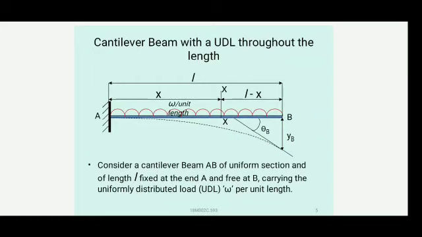Consider a cantilever beam AB of uniform section and of length L, fixed at the end A and free at B, carrying the uniformly distributed load w per unit length.